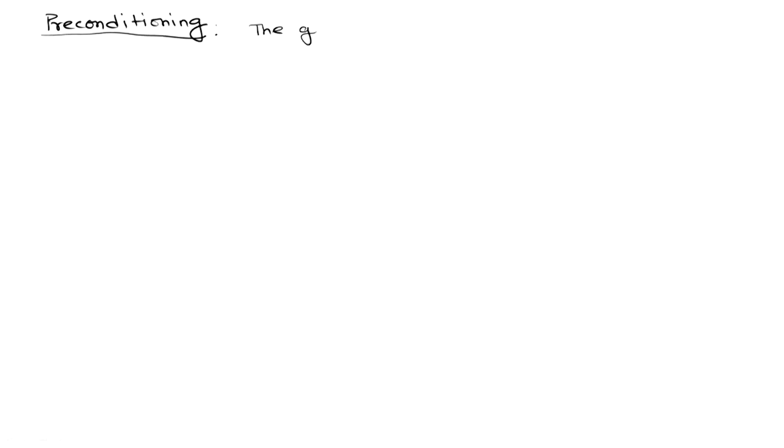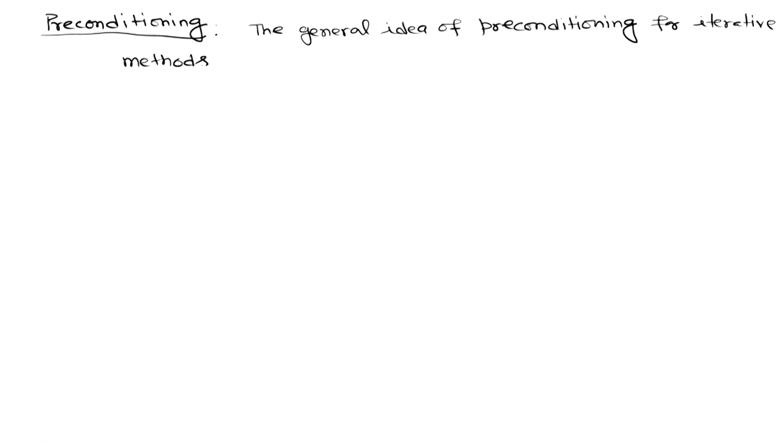So, the general idea of preconditioning for iterative methods is to modify the original system, which is ill conditioned.